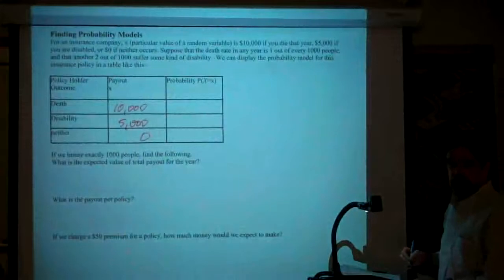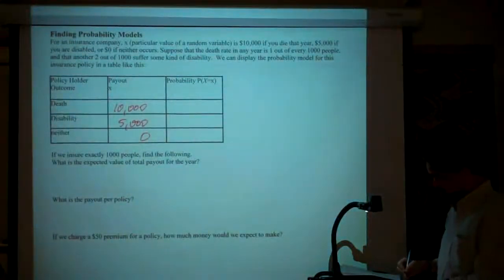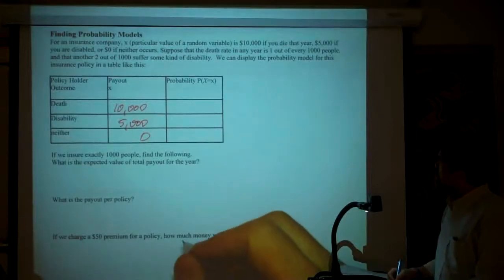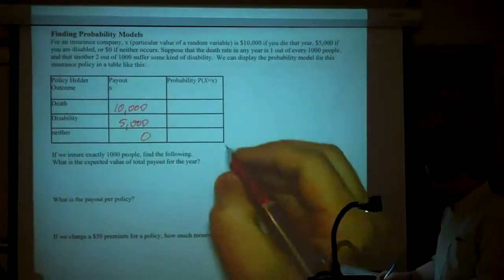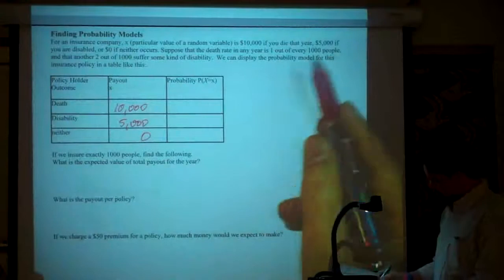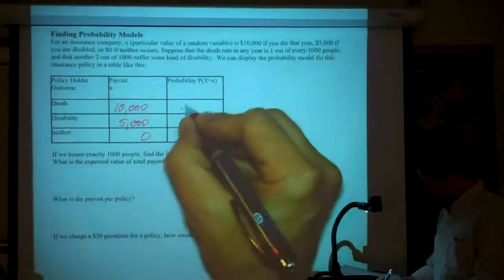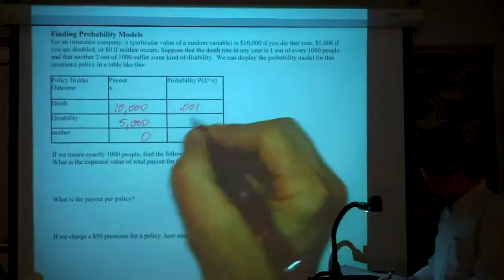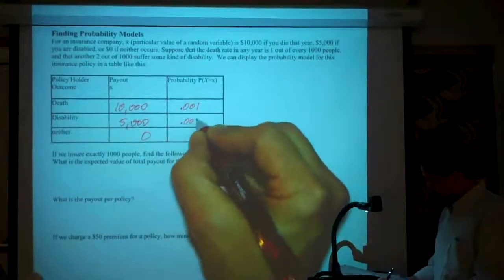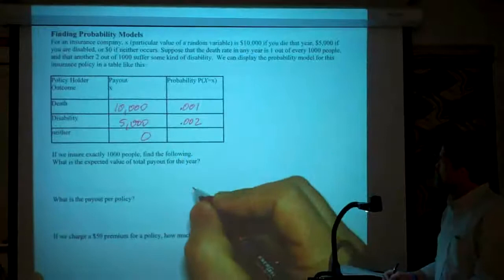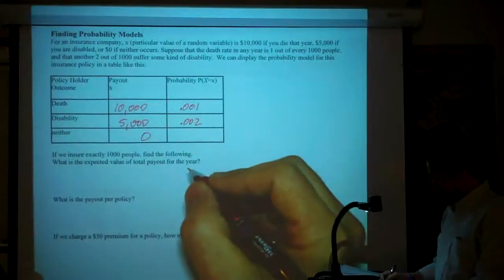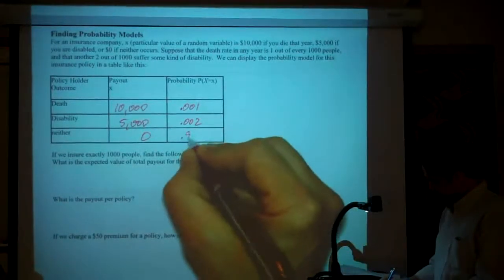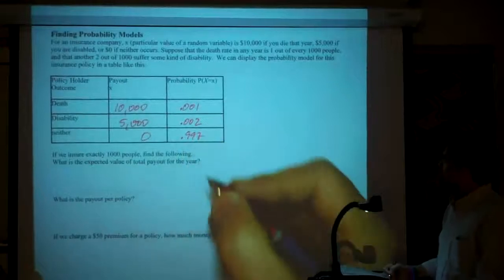If you have a good year, you don't cash in on your insurance. The probability of dying in a particular year said 1 out of every 1,000, so that's going to be 0.001. Probability of disability is 2 out of 1,000, so that's 0.002. And therefore the probability of neither one happening would be 0.997.